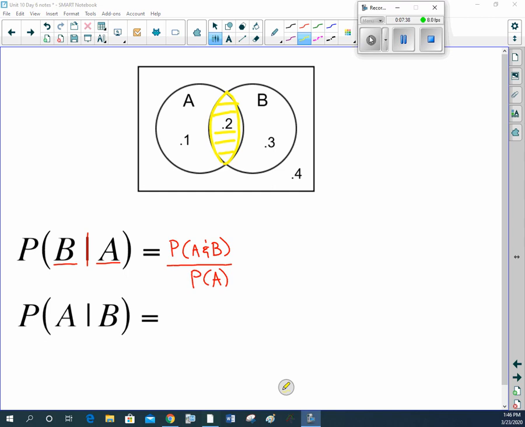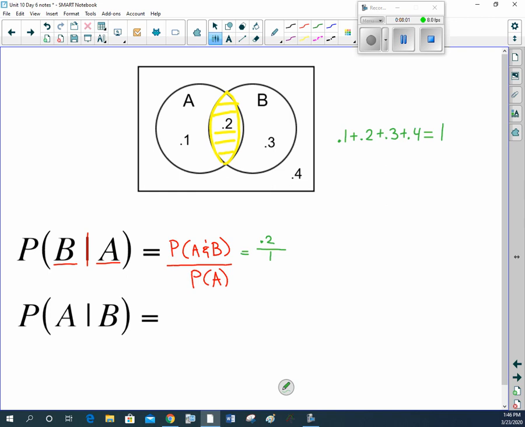So that fraction, the probability of A and B would be 0.2, but remember, you have to have the total outcomes. This is what I'm looking for, A and B, out of how many, what's the total outcome? You would have to add 0.1 plus 0.2 plus 0.3 plus 0.4, add all those up, and you get 1. So it's 0.2 divided by 1.